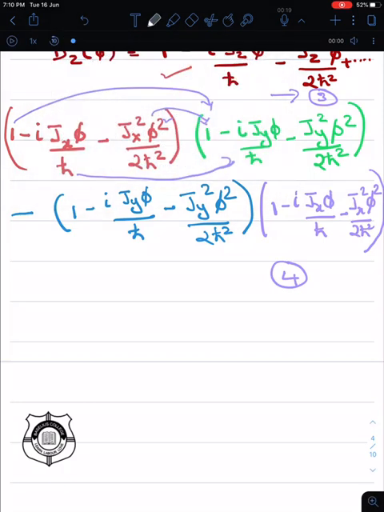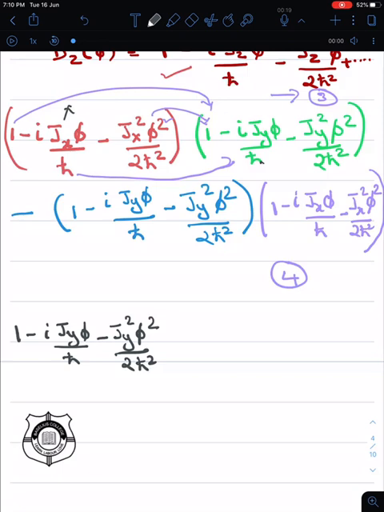And you get, so 1 multiplied by this bracket will give you the same values, 1 minus i Jy phi by h cross minus Jy square phi square by 2 h cross square. Then multiply this term with the other bracket.